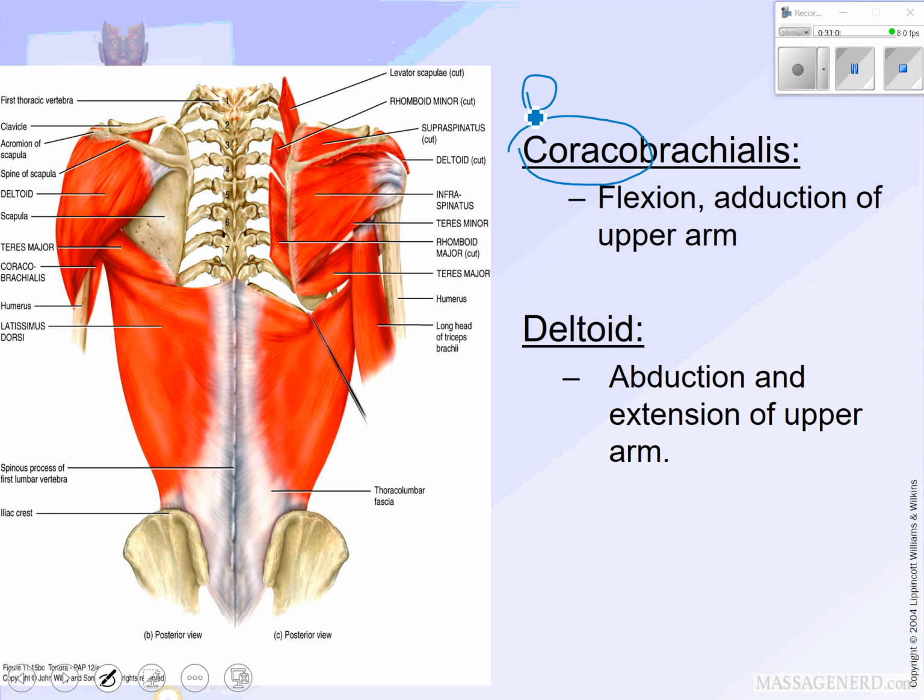The deltoid muscle is known as your shoulder muscle. That's over here, and it causes abduction and extension of the upper arm. You can see a little bit of the coracobrachialis right here on this picture as well.